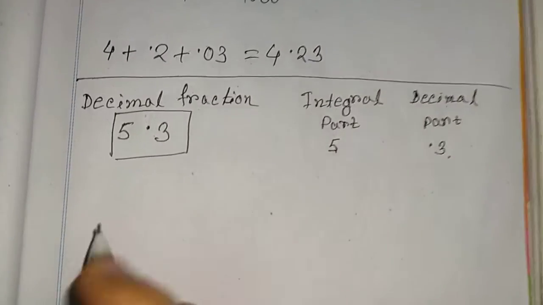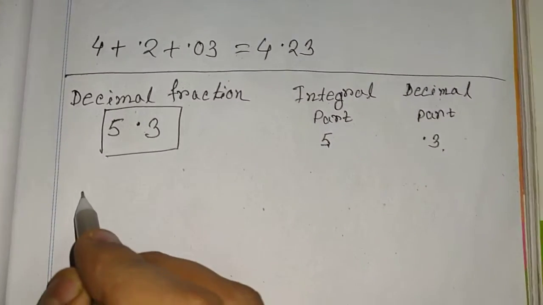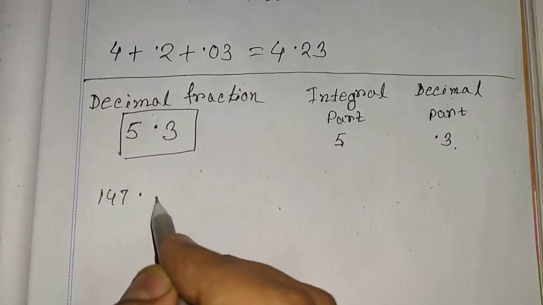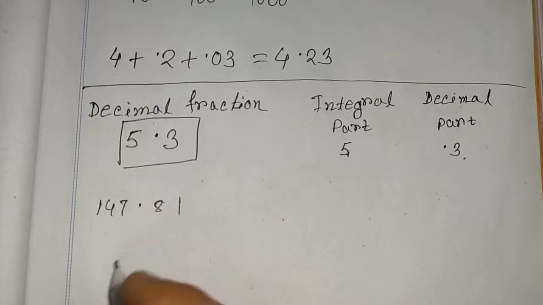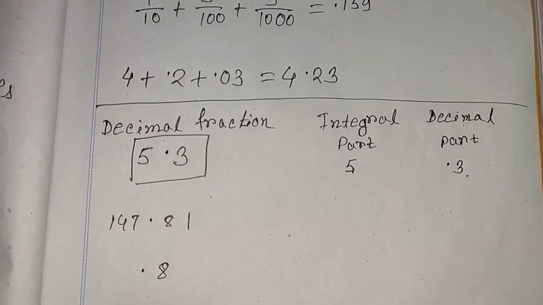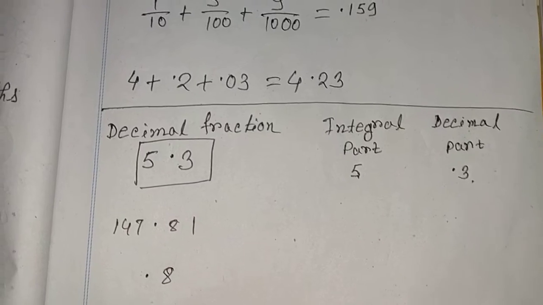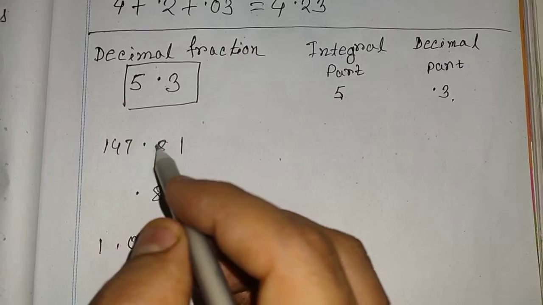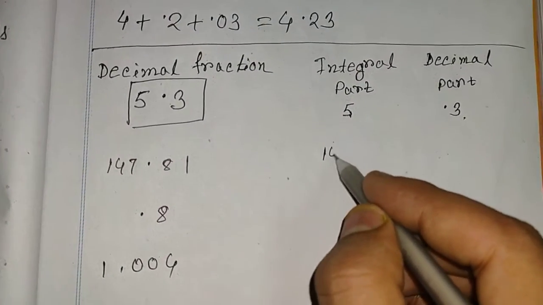So let's take some more examples like 147.81, or 0.8, or 1.004. What is the integral part in the first number? That is 147.